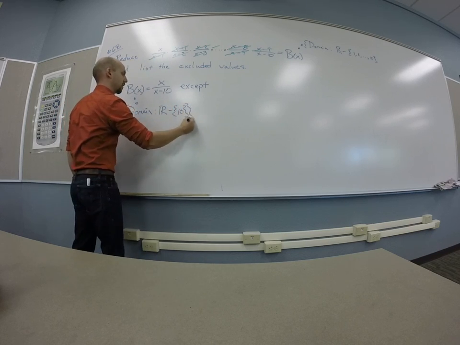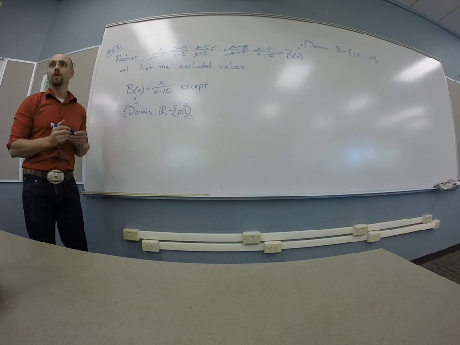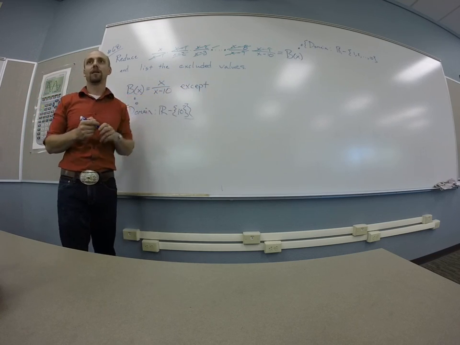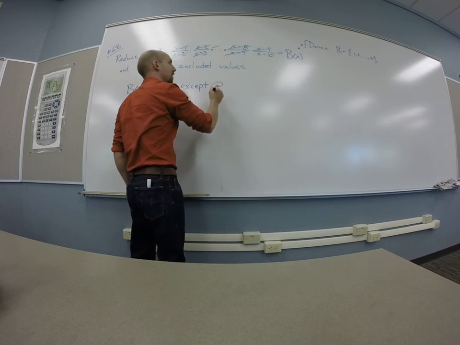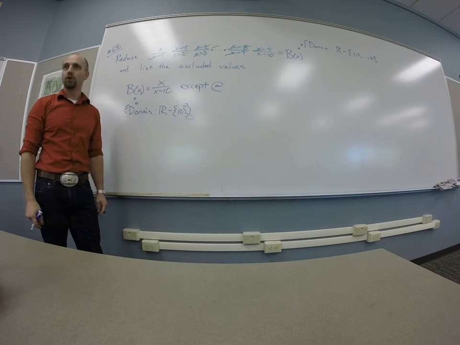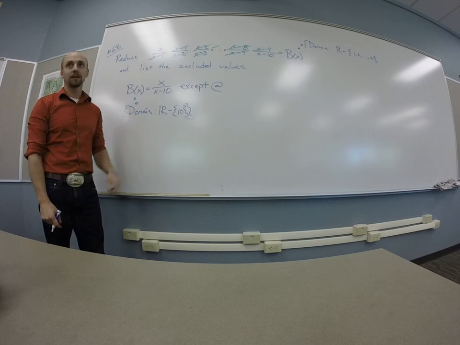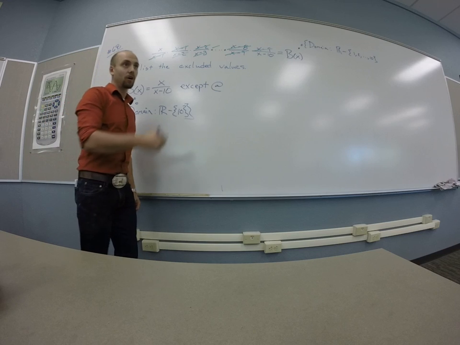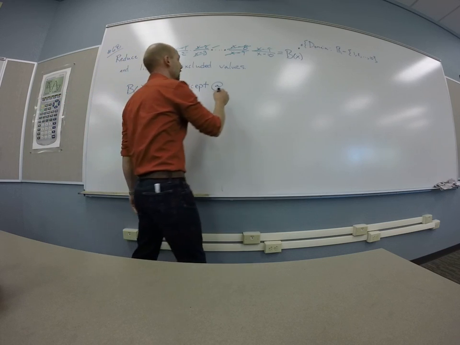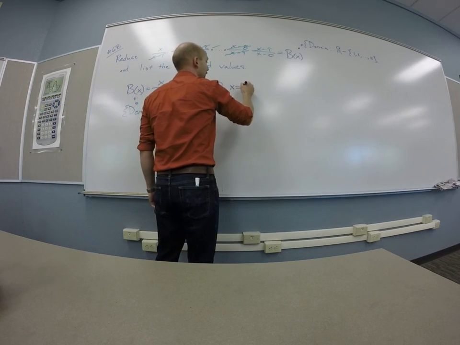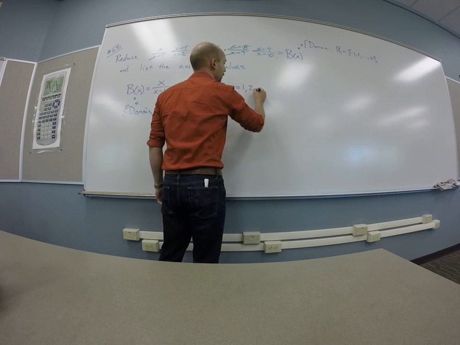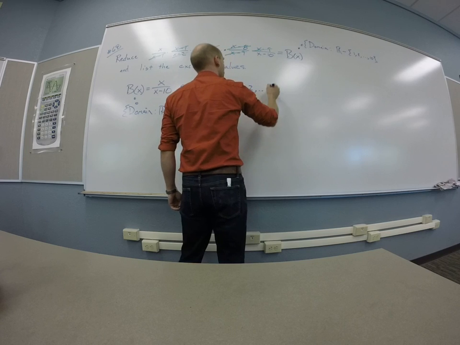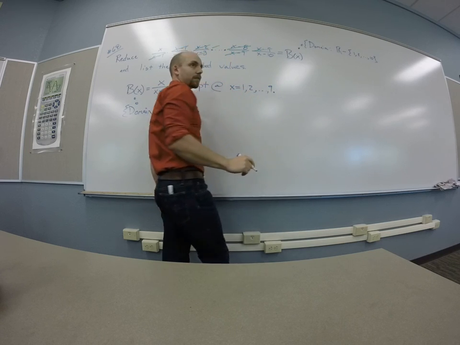Okay, that's not hard. So b of x is equal to this thing except at, so where isn't that thing this thing? All the holes I plugged: 1, 2, 3, 4, 5, 6, 7, 8, 9. Except that x is 1, 2, up to 9. You get to see that?